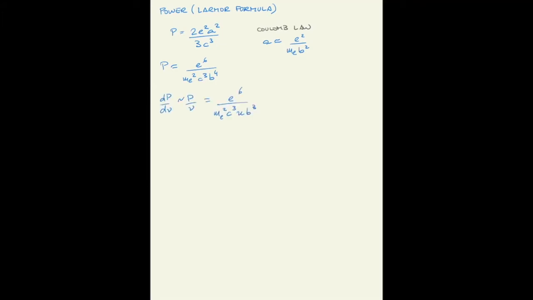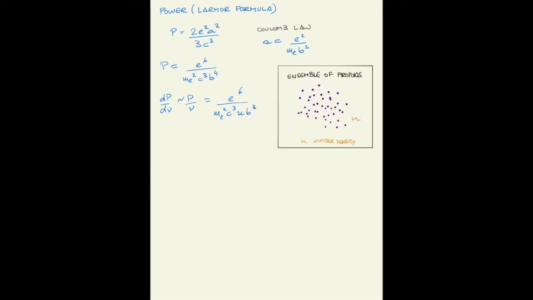Now, this is for an isolated system. This is for an isolated electron radiating. If you want to pass from that to an ensemble of particles, you have to consider that the impact parameter is given by the average separation of the protons.